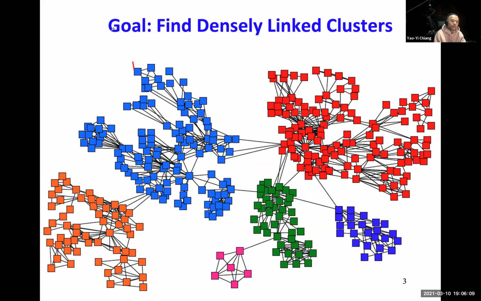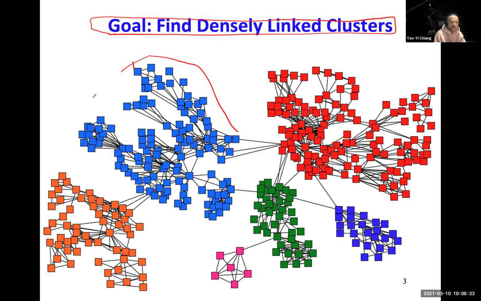So our goal in the lecture today, there are many different types of graph mining techniques, but our goal here is to identify densely linked clusters in a graph. Densely linked clusters does not mean you have a cluster with many nodes. It means you have individual clusters here.